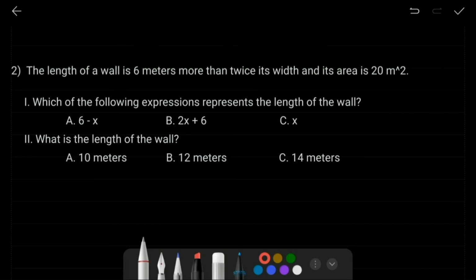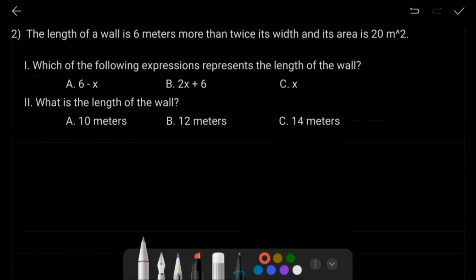Then for problem number 2, the length of a wall is 6 meters more than twice its width, and its area is 20 square meters. The first question is, which of the following expressions represents the length of the wall? And the second question, what is the length of the wall?